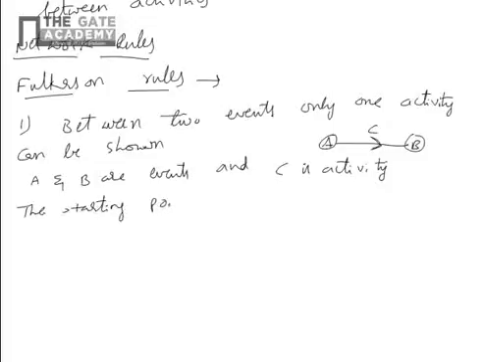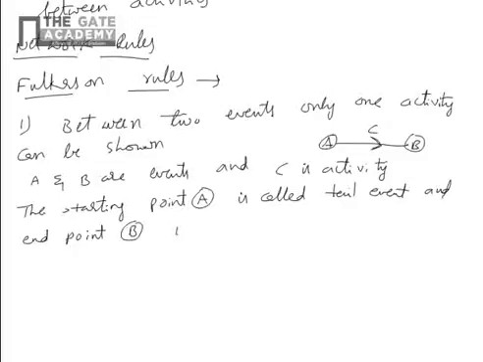The starting point A is called the tail event and the ending point B is called the head event.